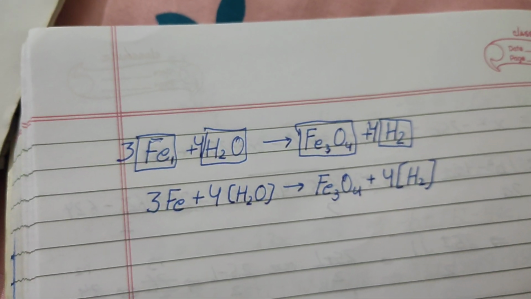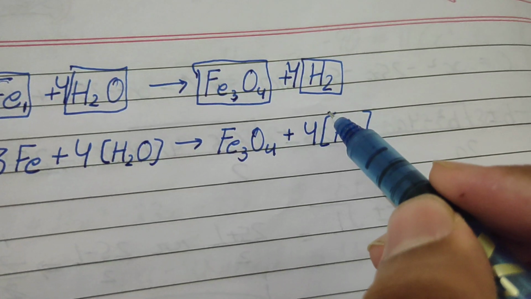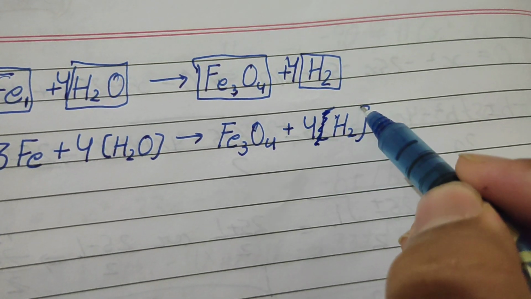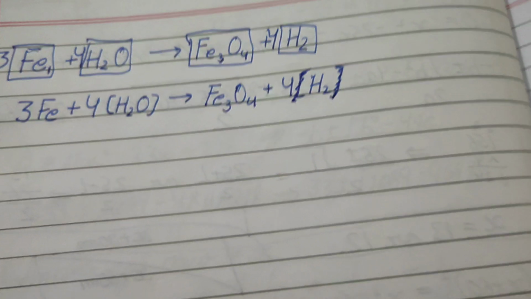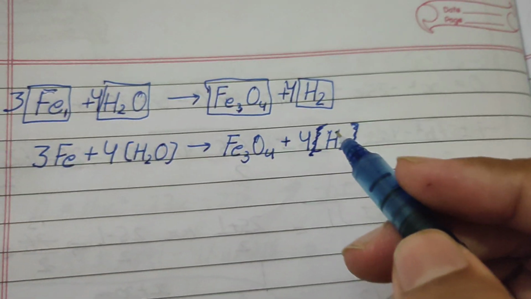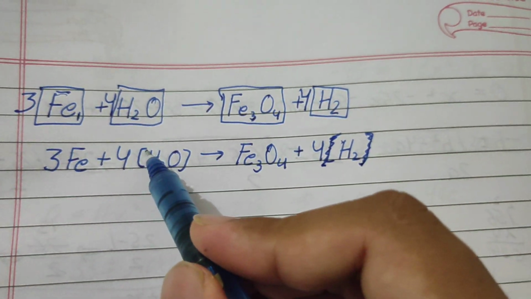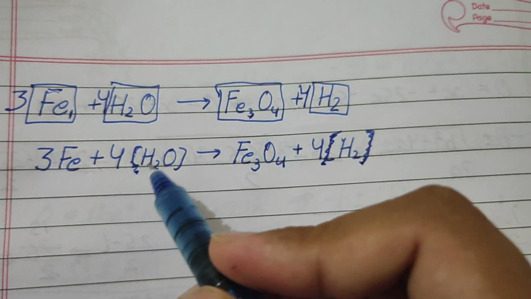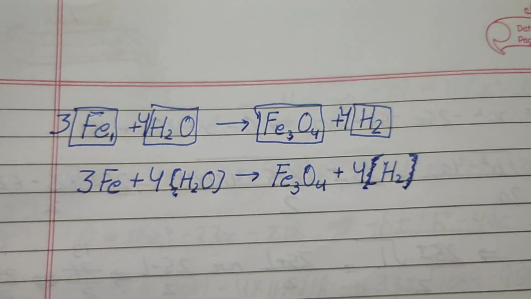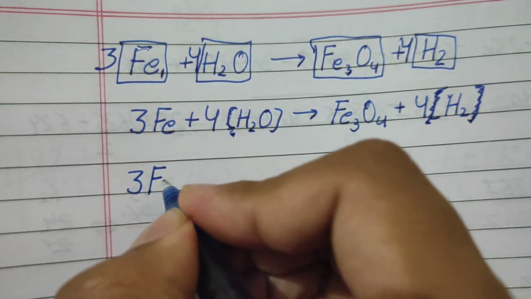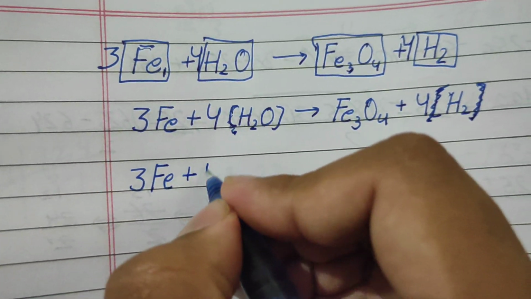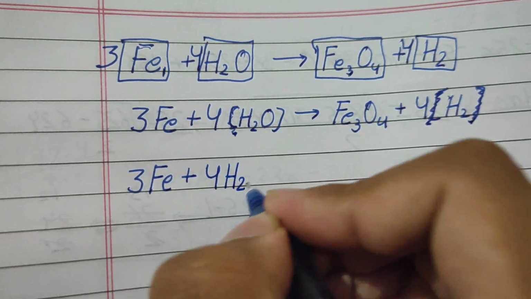Okay, so you can simply cross out these boxes. I just put these boxes to show you how to properly do it, so you don't forget how we made them balanced. You can cancel out these boxes, no need to write them. If you want, you can write it like this: 3Fe plus 4H2O.